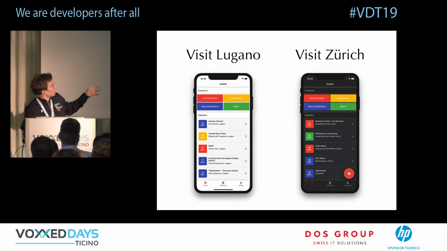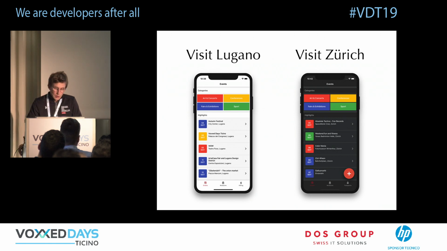Now we are going to ask ourselves, how are we going to handle this? If we are using exactly the same code for Lugano and Zurich, how can we show the FAB in one application and not the other? So we'll have to introduce a feature system to turn it on and off, and it's not really easy. So you have to think a little bit about it.